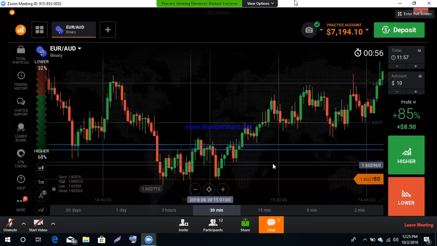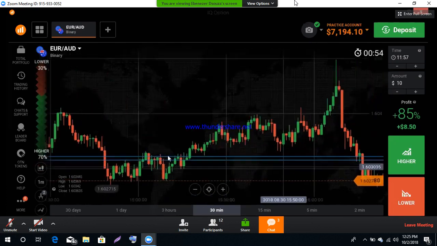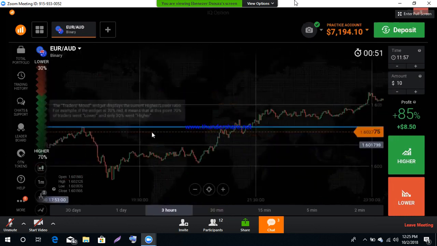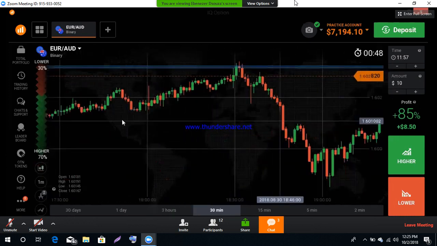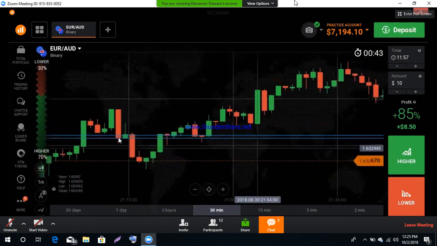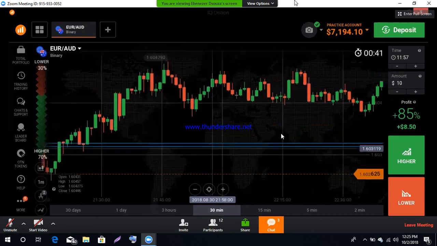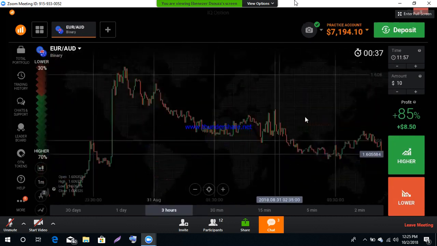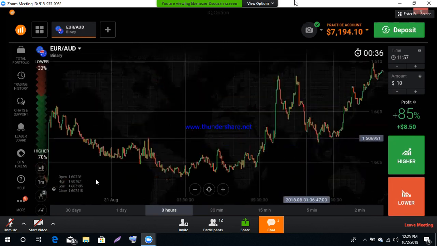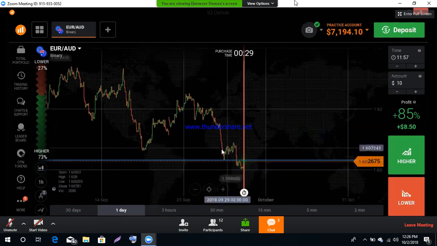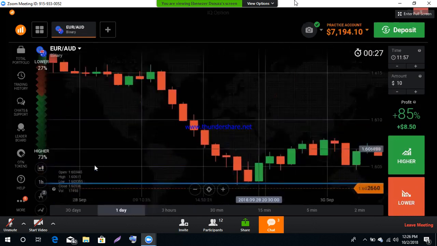It reversed. Okay, no problem, it is working. You can see when the market comes to this level, it is reversing, right? So you can take this as a confirmed strong level. I will go to the present chart. Okay, in 1 hour also it is working.